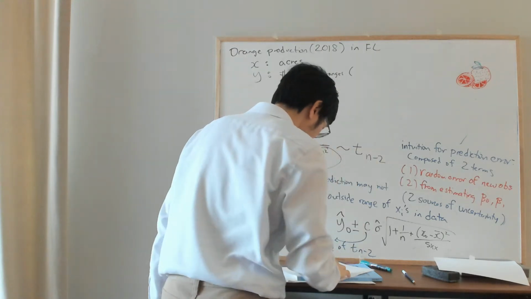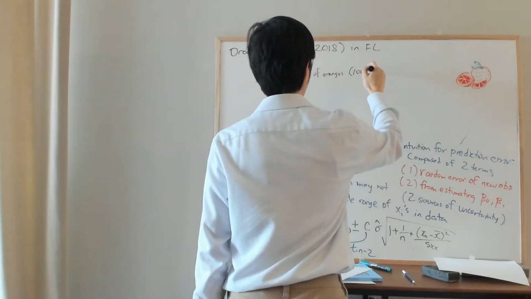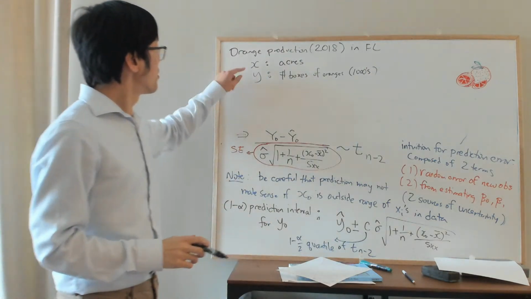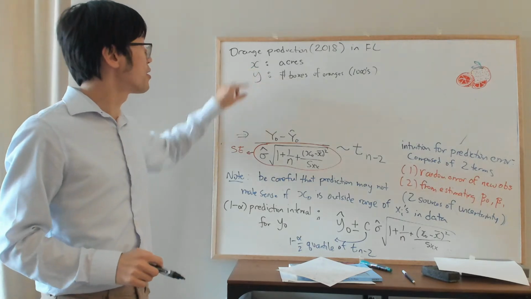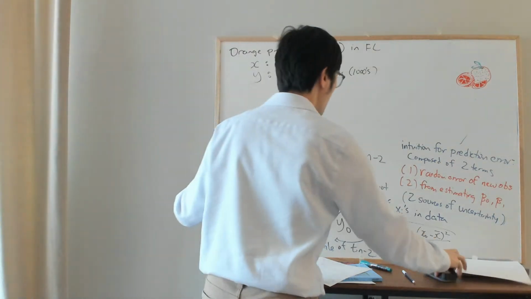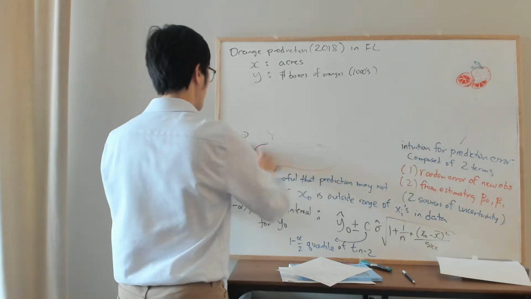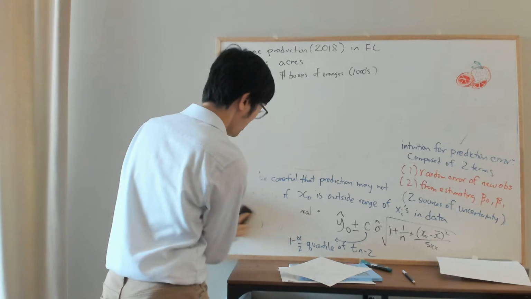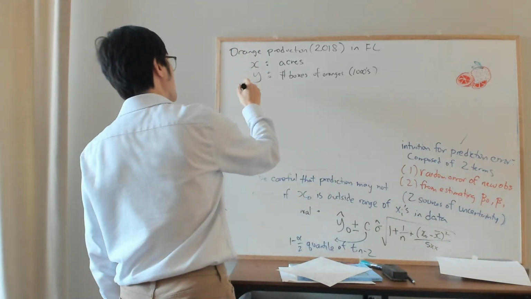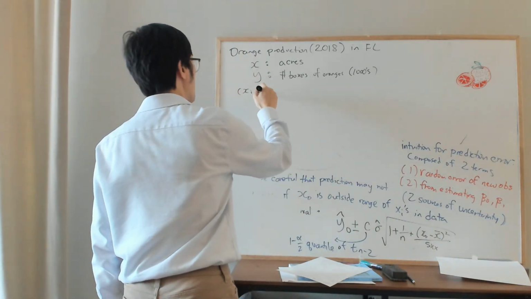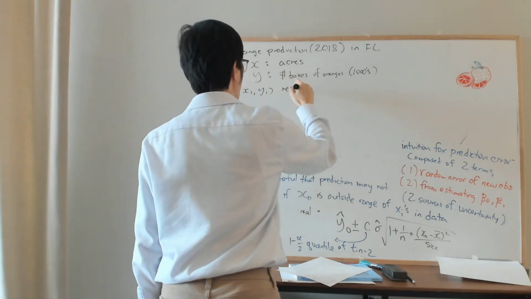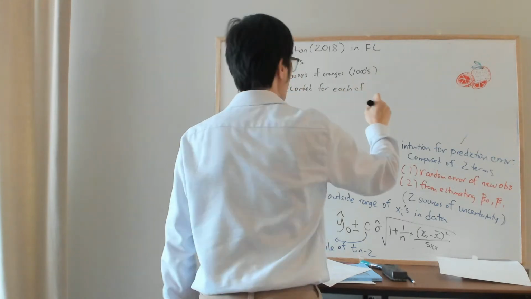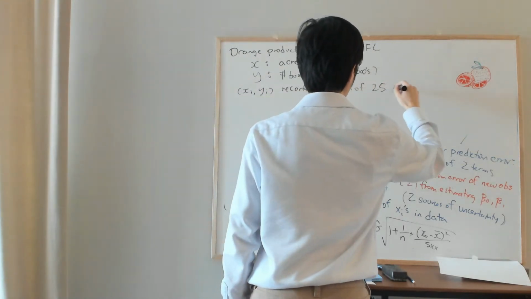This is measured in thousands of boxes, just to make the numbers a little more manageable. This information, x_i and y_i, was recorded for each of the 25 Florida counties.